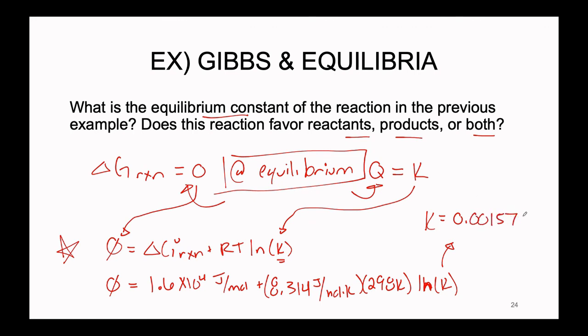Now this value is definitely less than 1. This equilibrium constant represents a ratio of products to reactants where products are not being very heavily favored. Your reactants are being heavily favored. Since this is less than 1, it means that in your equilibrium expression, you must have a very large denominator, and your denominator is where the concentrations of your reactants can be found.